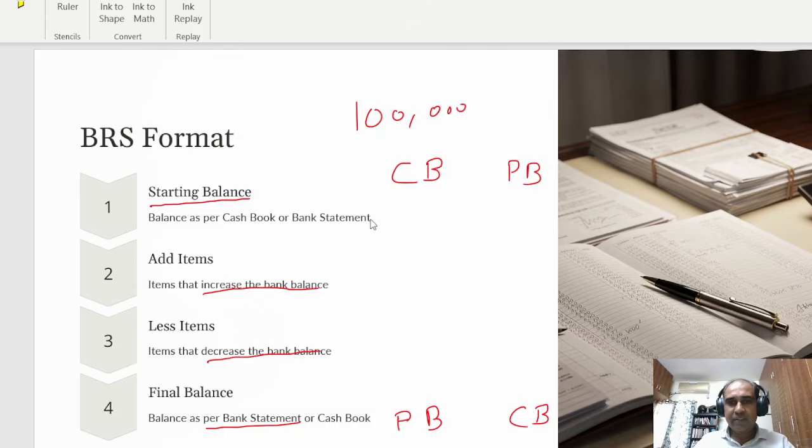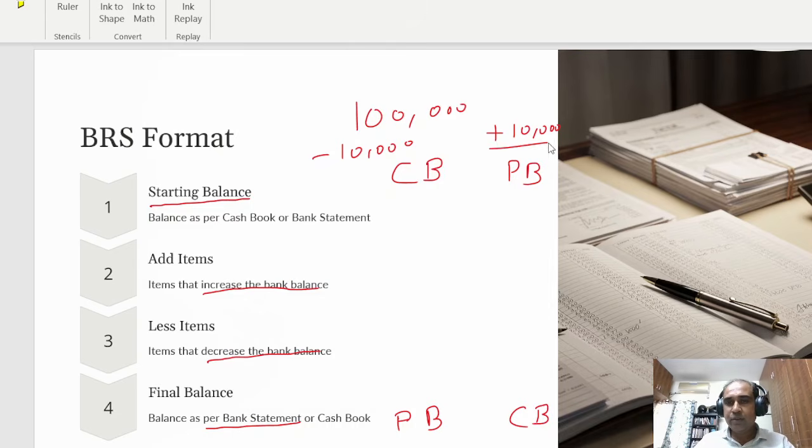See, when I issued the check, what happened? My cash book balance reduced by 10,000 rupees, but my passbook is showing a higher balance of 10,000 rupees. Checks issued but not presented. When I issue the check, I show my cash book as minus 10,000, whereas the passbook does not show this entry.